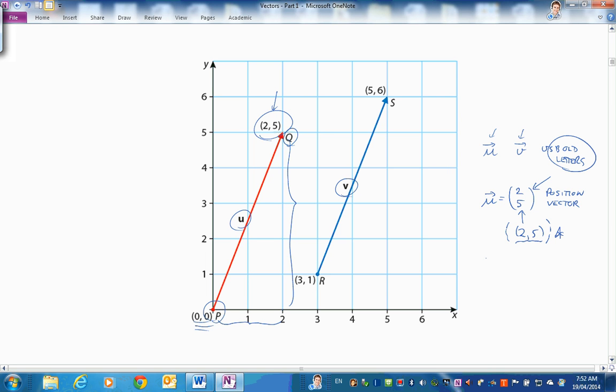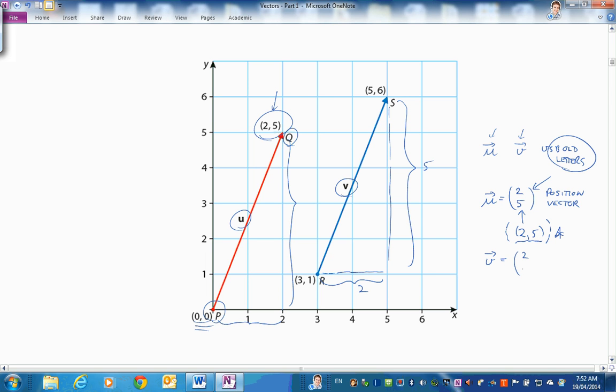Okay, what about this one over here? Gee, v looks very similar, doesn't it? Looks parallel. Let's check it out. Going across 2, and then up here, yeah, I think it's the same, 2 and then 5, yep, from 1 to 6.